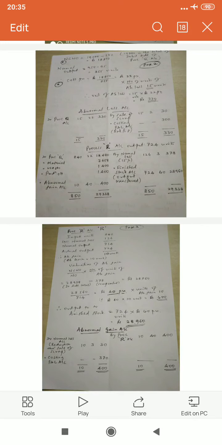The good units should have been 855. In the solution, it is specifically demonstrated: input into process Q 950 less normal loss 95, therefore good units 855. But in the problem, actual output in units arising out of process Q is given as 840. It should have been 855, but instead it is 840.